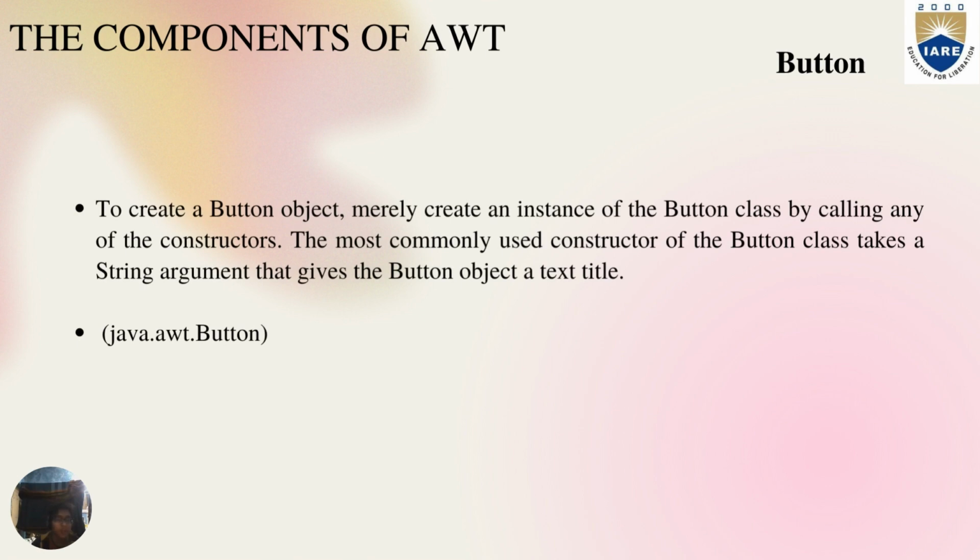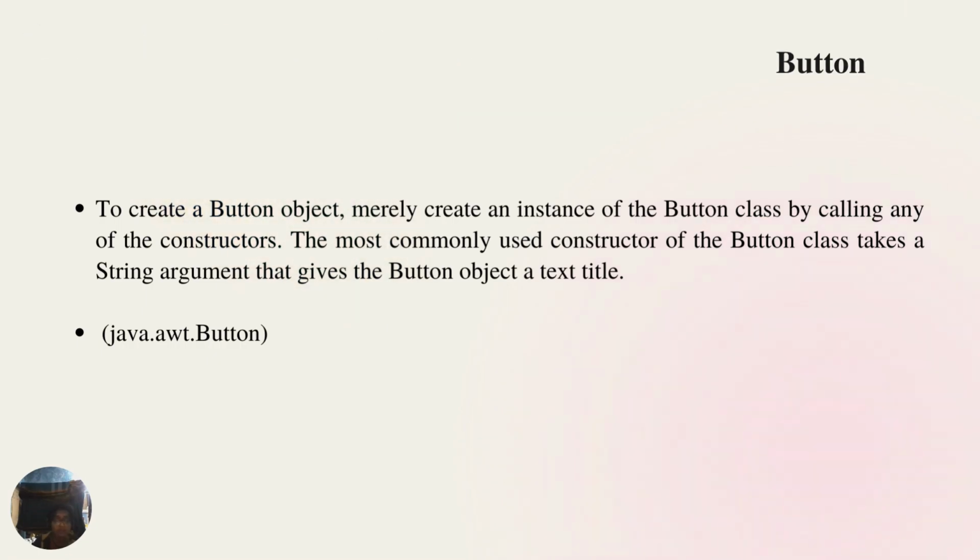To create a button object, merely create an instance of the Button class by calling any of the constructors. The most commonly used constructor of the Button class takes a string argument that gives the button object a text title. So how can you call a button? You can use the java.awt.Button expression in your compiler.